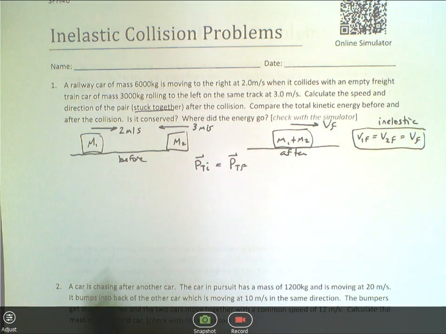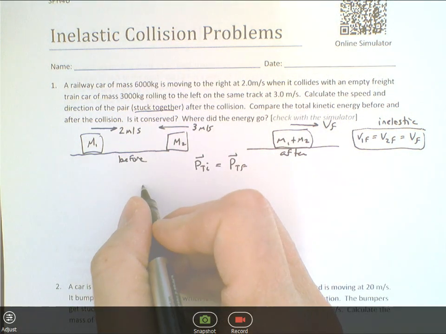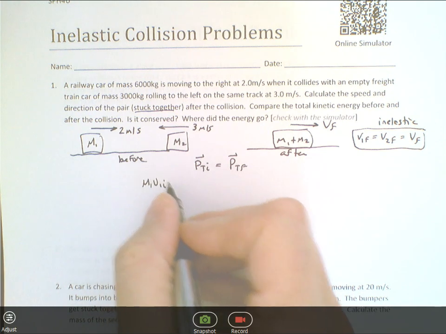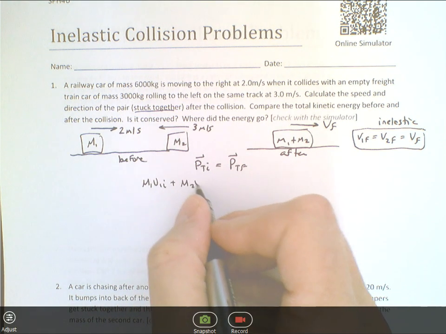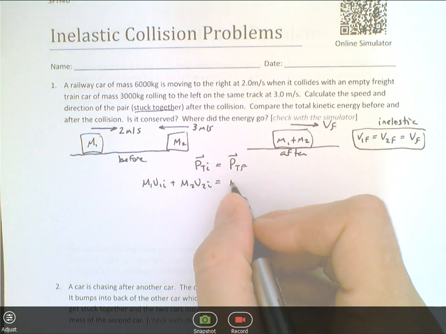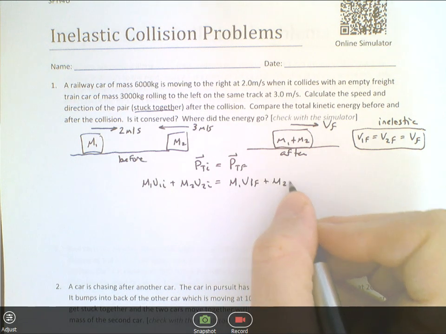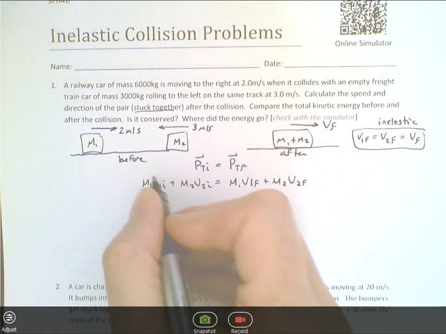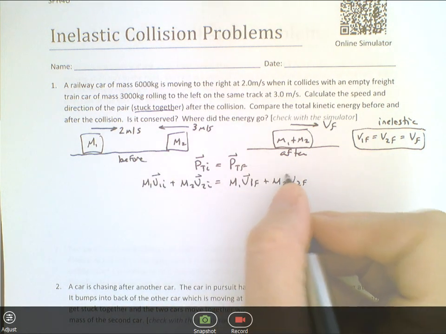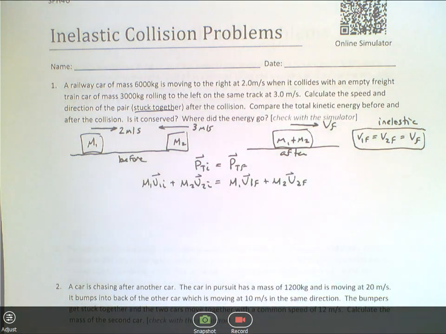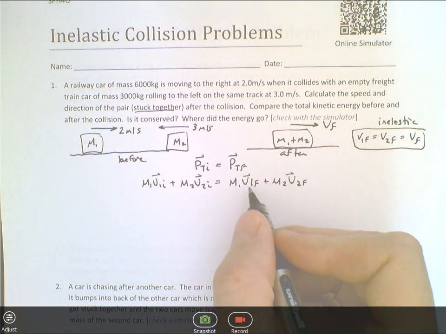Now we do that little summation trick that we looked at before. We only have two objects, so it's m1v1i plus m2v2i equals m1v1f plus m2v2f. These are vectors. We're trying to find out what the final velocity is.